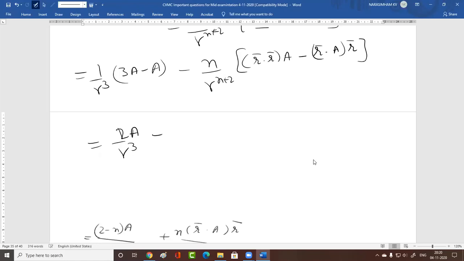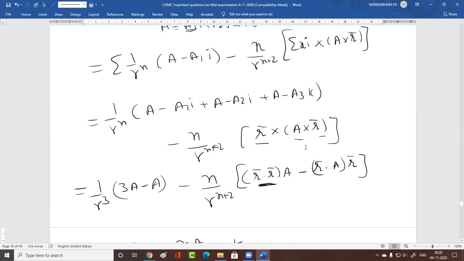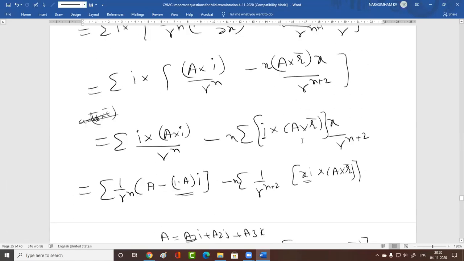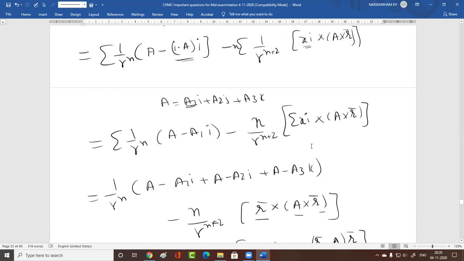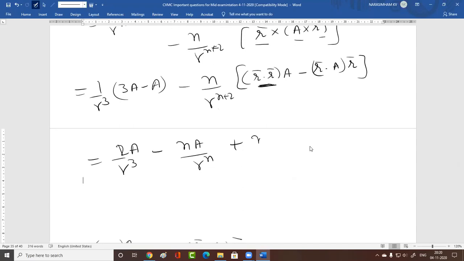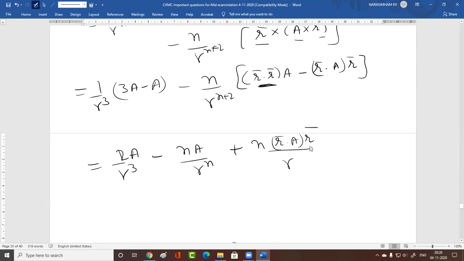Now r bar dot r bar is r square. R square cancels, n a by r power n. Here minus or minus plus. So is it the correct sign? I think correct. Minus or minus plus n into r bar dot a into r bar by r power n plus 2.